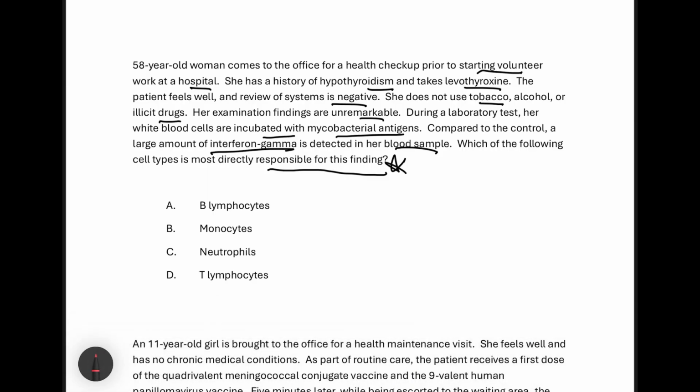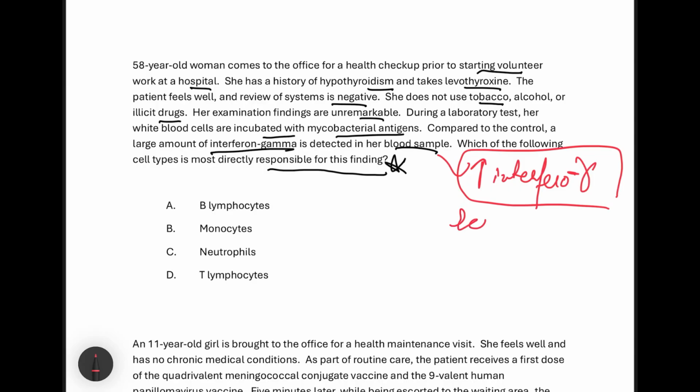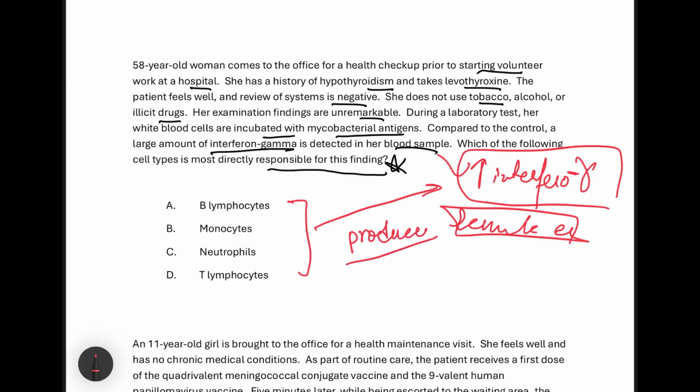Guys, what are they asking? They are asking about the increased amount of interferon gamma in this patient. It is not a conceptual question, just something to remember. Which cell is going to produce interferon gamma? Interferon gamma is produced by T lymphocytes. It activates macrophages, increases major histocompatibility complex expression, and promotes T helper 1 lymphocyte differentiation.